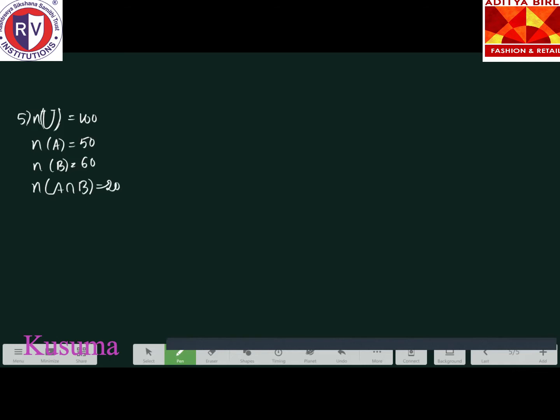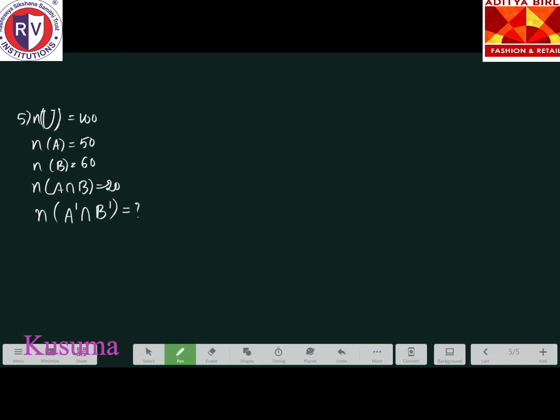Then N of A dash intersection B dash is equal to what? The options given are A is 40, B is 90, C is 20 and D is 10.